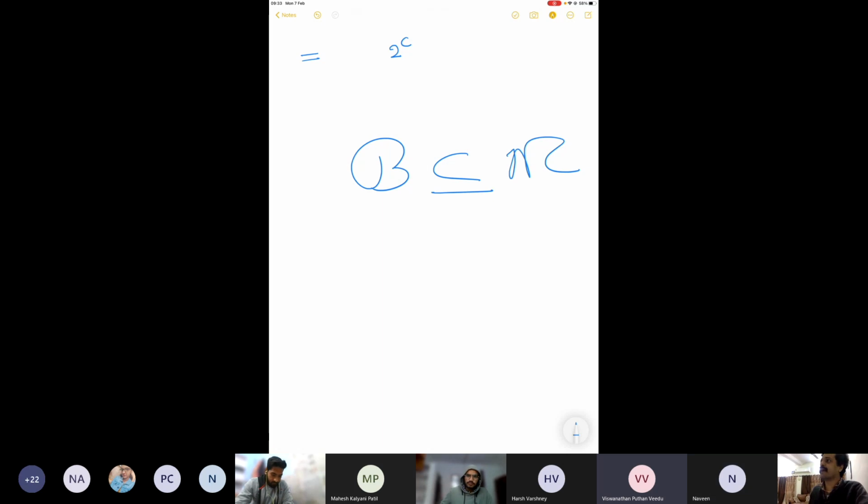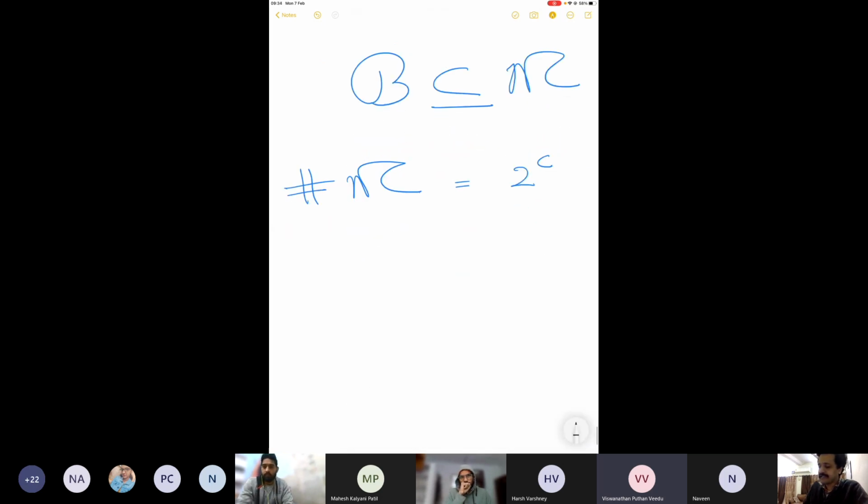And M is the sigma algebra containing all Lebesgue measurable sets. And we have seen that the cardinality of M is 2 power C. I will leave to you to see that the cardinality of B is just C.